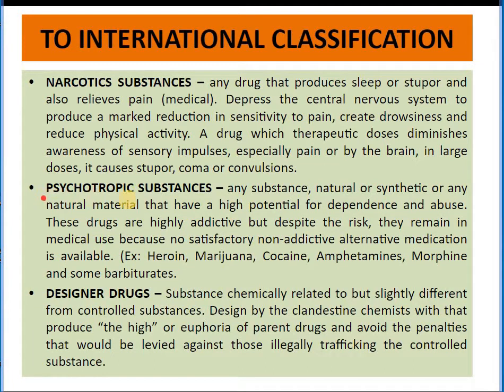Yung mga psychotropic substances, ito ginagamit din siya for medicinal use. But, meron silang addictive, nakaka-addict na effect. So, anong example niyan? Marijuana, cocaine, amphetamines, morphine, and some barbiturates. So, ginagamit ito in medicinal purposes, but nakikita nila na meron siyang potential for dependence and abuse kasi nga meron siyang addictive form.